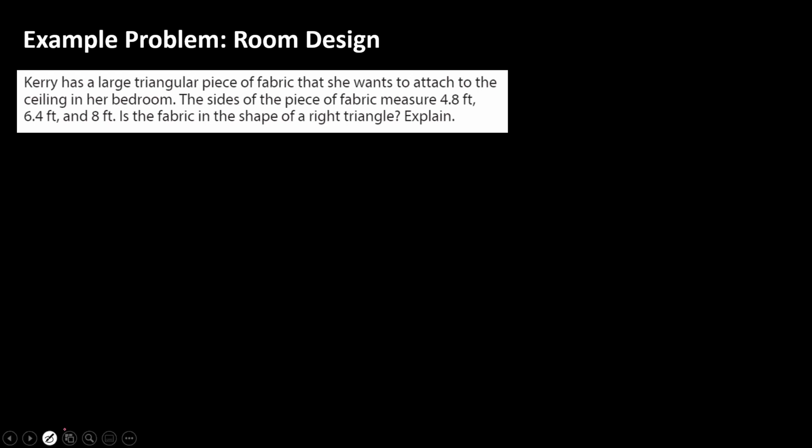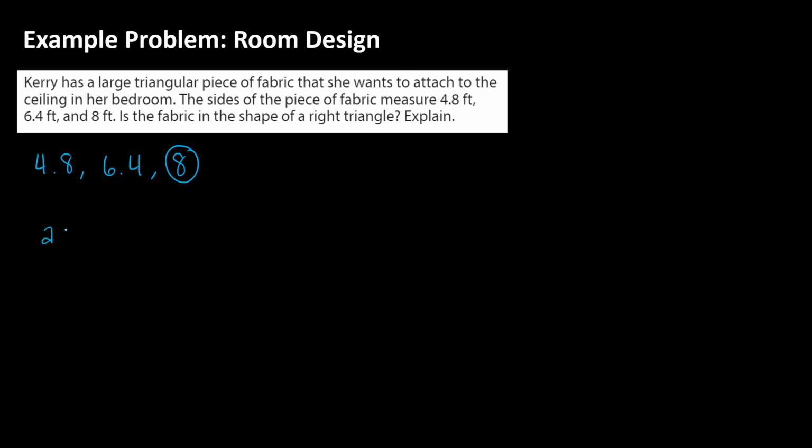So again, we can do this without drawing. So we know that we have side lengths of 4.8, 6.4, and 8 feet. The longest side, the c, or the hypotenuse, in our Pythagorean theorem is going to be 8.